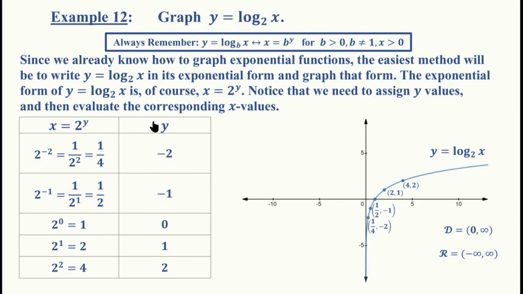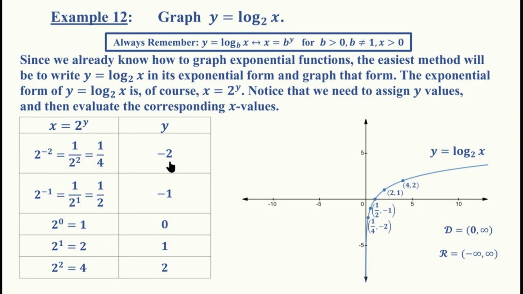But the only catch here is you have to make sure you start by giving y values first. So you're taking care of this column first. You're picking these, then you're plugging these into here to get the corresponding x value. So we're working kind of backwards from the way we're used to working, right? Usually we give x values and then substitute to get y, but now we're doing the opposite. We're giving y values and substituting to get x.